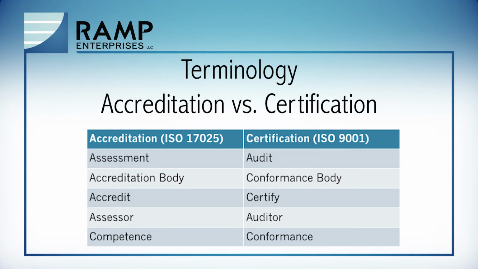We become certified to ISO 9001. In 17025, you are accredited. We refer to our auditors to provide the audit. In 17025, they are referred to as the assessor. We are looking towards conformance to 9001. For 17025, we are looking towards competence.